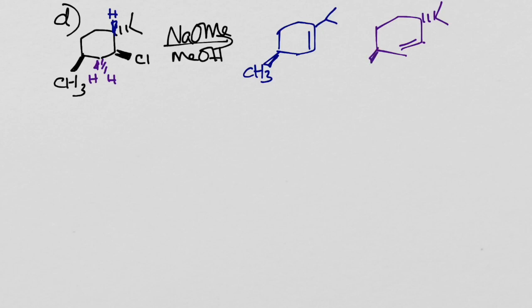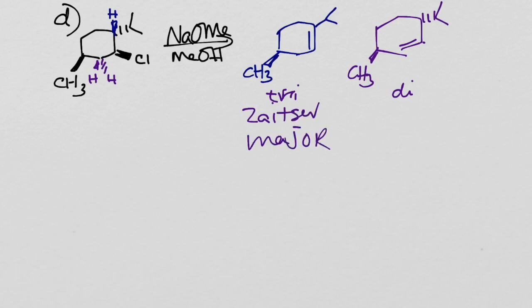And we could once again say, okay, here I have a disubstituted, here I have a trisubstituted. This is my Zaitsev, so this must be major. And if I predicted that as my major product, I would actually be completely wrong. And your problem set actually points this out.